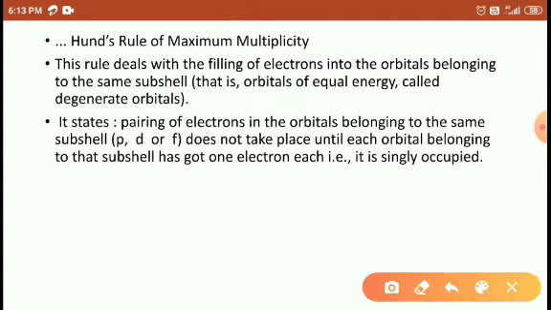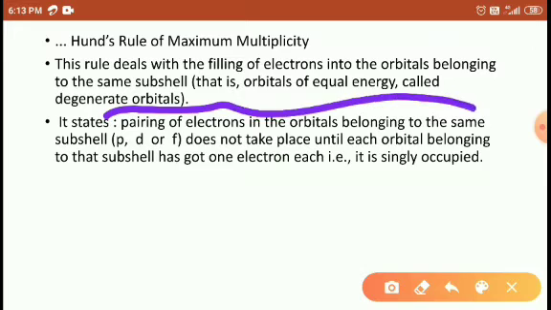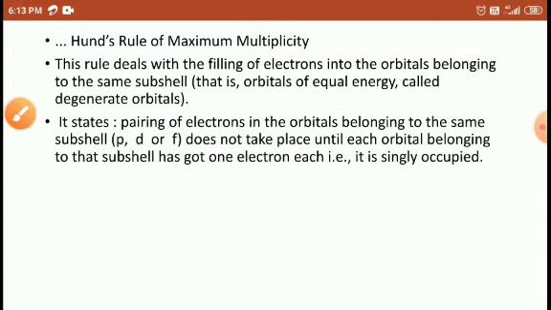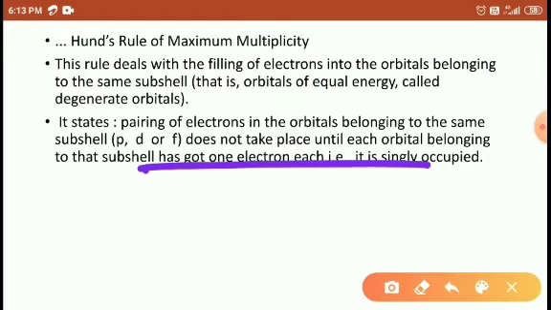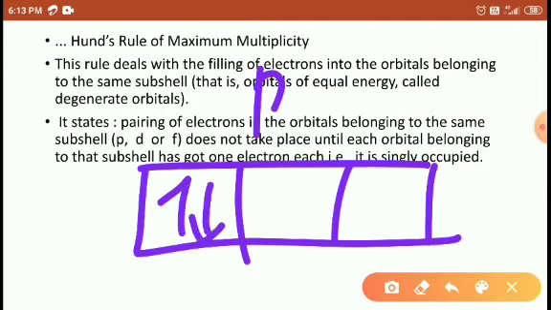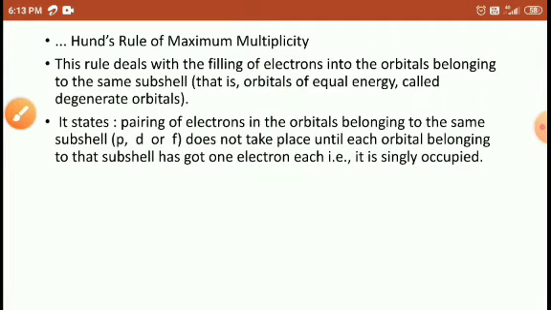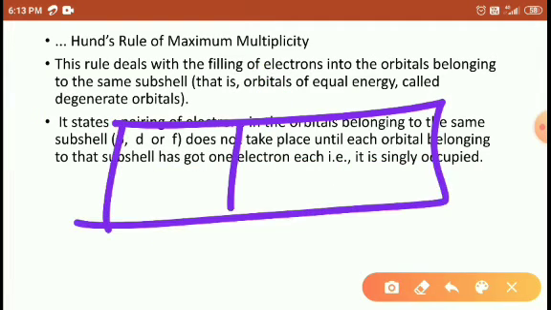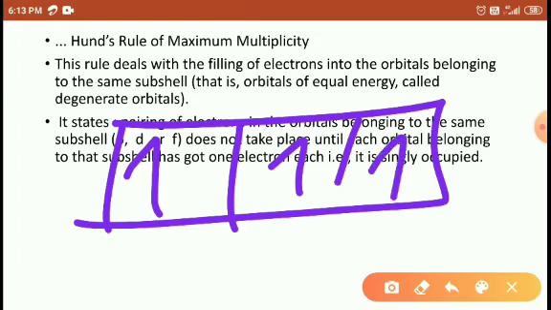The statement is: pairing of electrons in orbitals belonging to the same subshell does not take place until all the orbitals of the subshell are singly occupied. For example, in the p orbitals, pairing will not take place until all the orbitals are singly filled. Only when all are singly filled will the pairing take place.